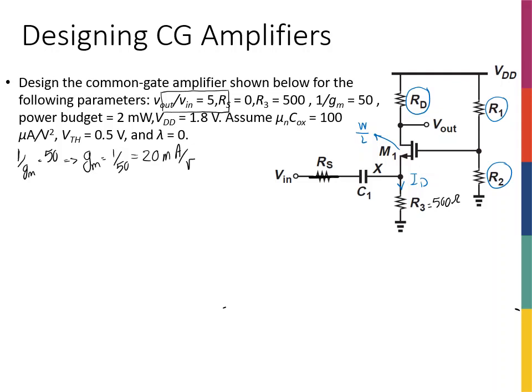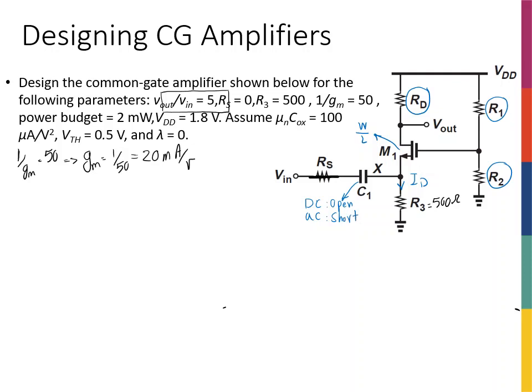Similar to all other circuits that we deal with, these capacitors are assumed to be very large. So if we're talking about DC analysis, they're open, and when we're talking about AC analysis, they are short.